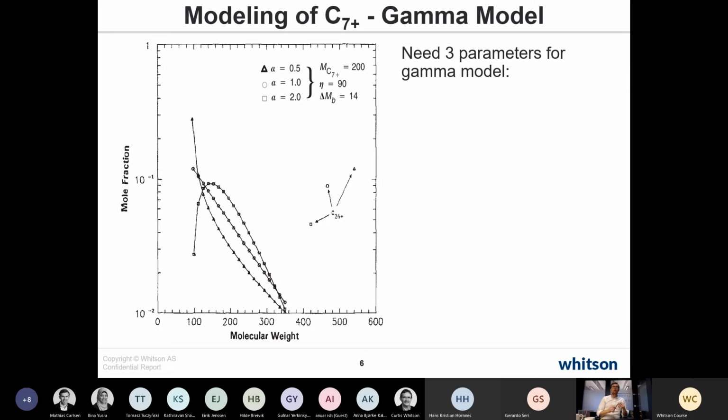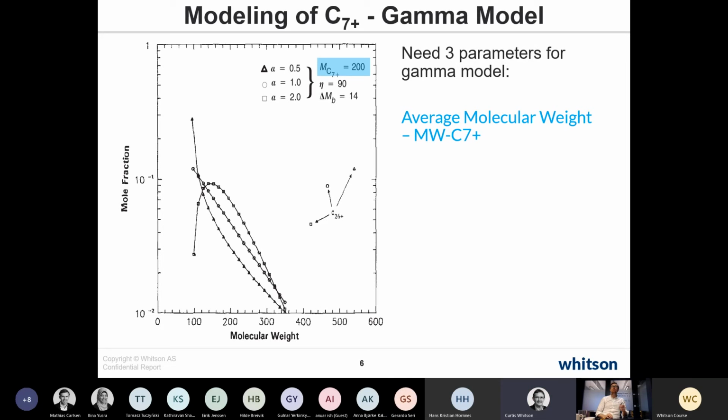And this paper, I think from 83 or 84, on modeling C7 plus distributions, can't remember exactly the name, but about the gamma modeling approach was, at least at that point, the one that he pointed out as being the most timely, and I guess also widely adopted by the industry. Any comments on that, Curtis?